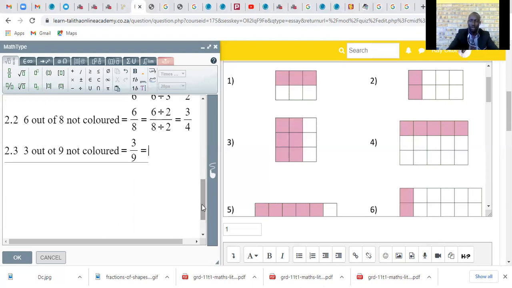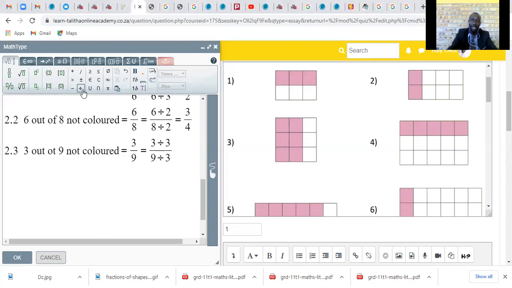Now, in trying to simplify that, we look for a number which can divide 3 and also 9. And interestingly, 3 can divide itself, and 3 can also divide 9. And so then what do we have? Well, we have to divide 3 by 3, and we will also divide 9 by 3.